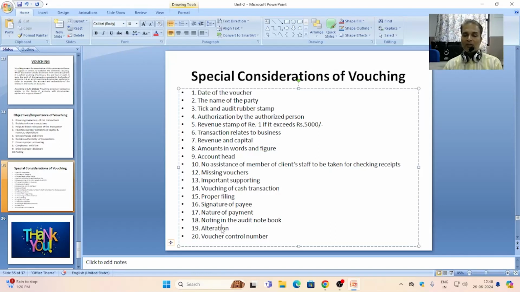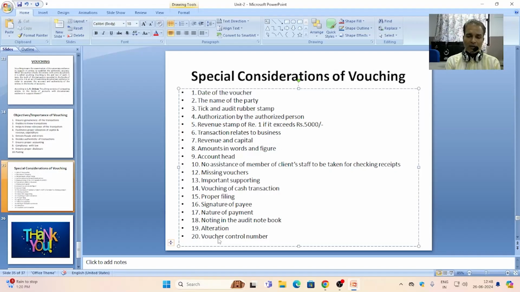Alteration: any type of alteration in a voucher, in figures or in words, should not be ignored by the auditor. He has to check the altered portion very carefully, and if necessary he should communicate it to the client.